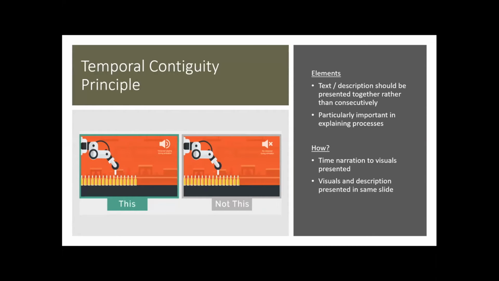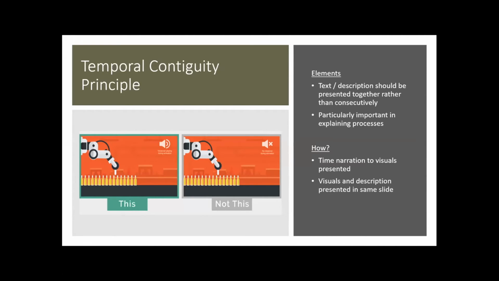Temporal continuity principle, all right? Now, under this principle, when you are trying to explain a complex idea, or a set of events that your target audience is not exactly familiar with, try and ensure that the text and description is presented together rather than consecutively.